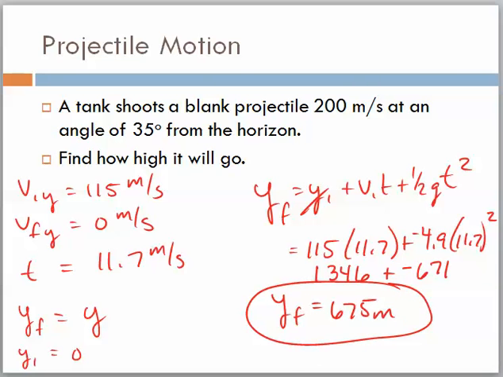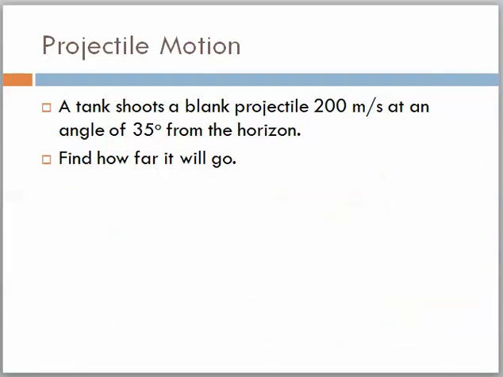Well, we found its x component, we found its y component, we found the time. We've also found how high it can go. The last question here is how far is it going to go? Well, this one becomes very easy. The time is 11.7 seconds.